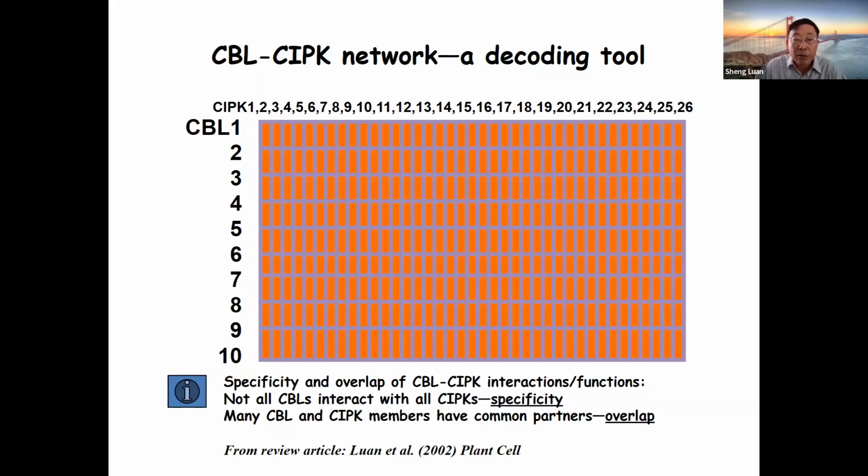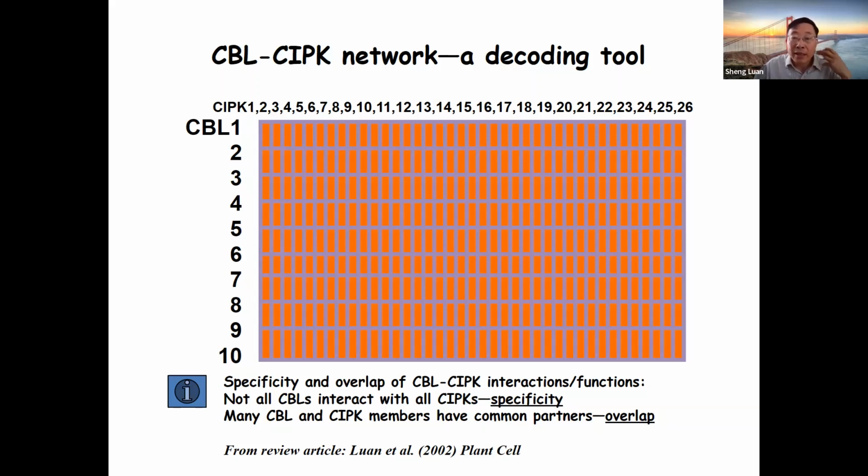So some CBLs share common CIPK targets, and some CIPKs share CBL regulatory subunits. This kind of specificity and overlap in protein-protein interaction would reflect functional redundancy and specificity of this interacting network.